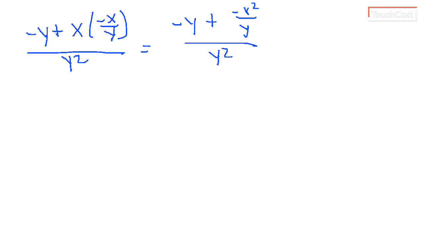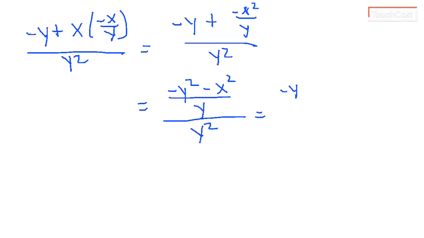And then we don't like having fractions or rational expressions, so we're going to, in our numerator, actually add those, which means we have to rewrite this, multiply everything up top by y. So we're going to have negative y squared plus negative x squared, which is just minus x squared over y, and that's all over y squared, which, again, we don't like writing things like that. So we can write it as negative y squared minus x squared over y.